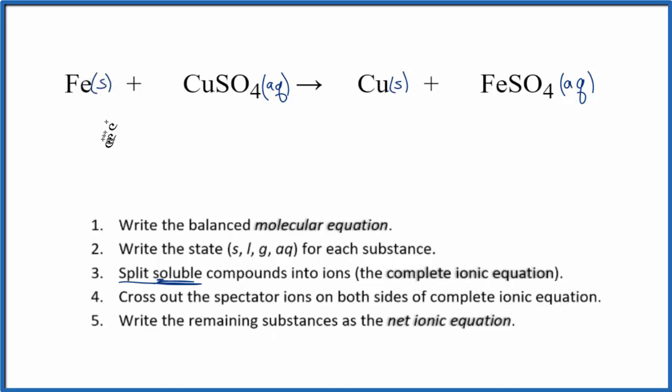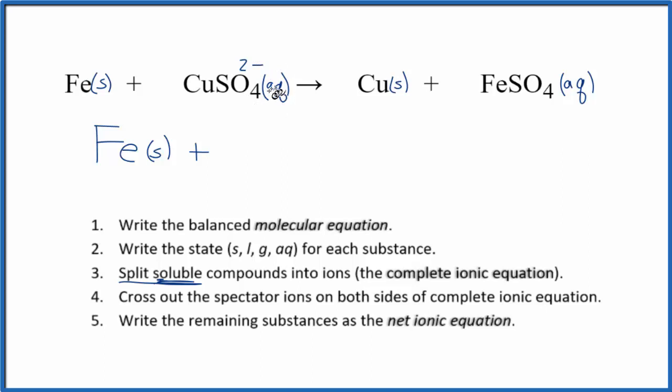Iron, that's a solid, so it's not going to be soluble, and it really can't be split apart anyway because it's just one atom. So we're going to write Fe, and put a little S after it, plus the copper(II) sulfate. So to figure out the charges here, to see what they'll split apart into, we need to know the charge on the sulfate ion. That is a 2-.